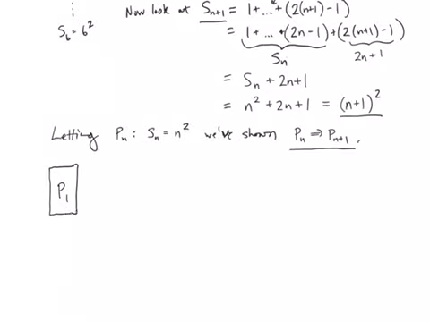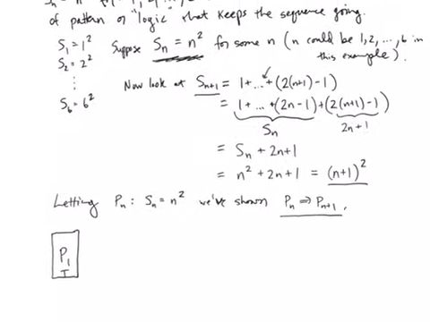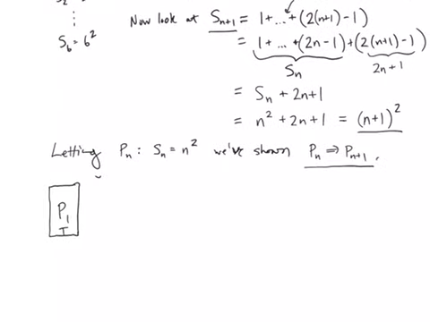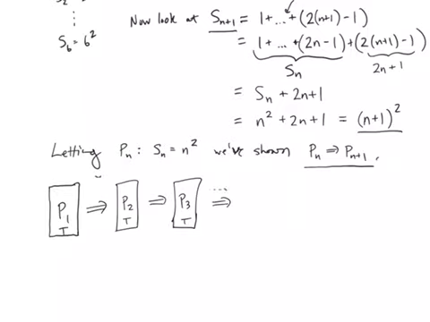The statement P_1 is true, because that's just the statement that S_1 is equal to 1 squared. And if P_1 is true, we know that P_1 implies P_2, so P_2 is true. Now that P_2 is true, P_2 implies P_3, so that's true. And this just keeps on going forever.